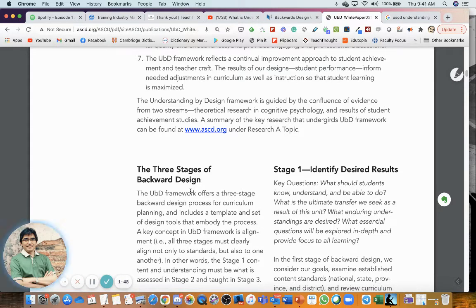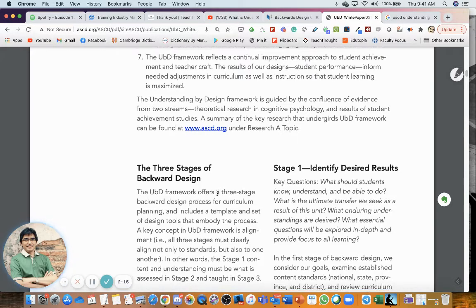But McTighe and Wiggins approach this in a slightly different way and make it a very systematic and very purposeful way of designing any unit lesson in the course. They have provided a lot of useful templates that we can just use and contextualize to our own course.